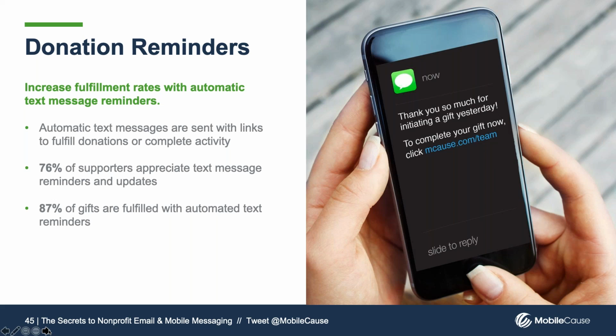These are sent automatically, so you don't have to worry about them after the event, so you can focus on sending thank yous and updates, and your supporters are really going to appreciate these kinds of updates after they have attended your event. They want to know how much you raised and what you were able to accomplish. We see 76% of supporters appreciate this kind of messaging post-event.